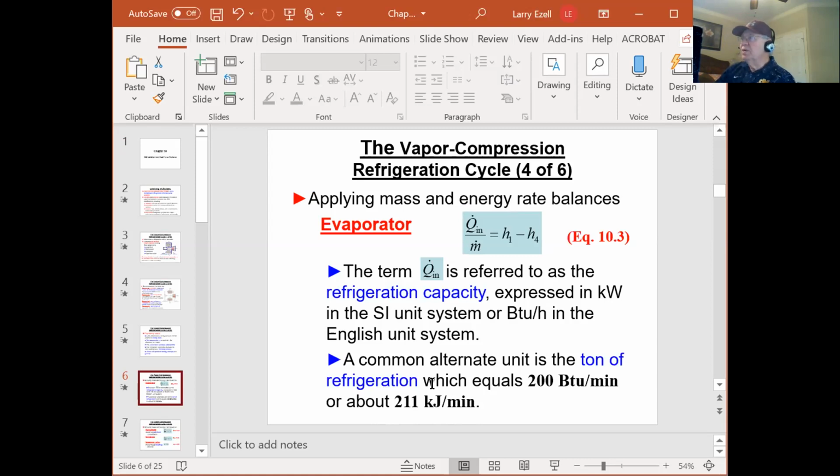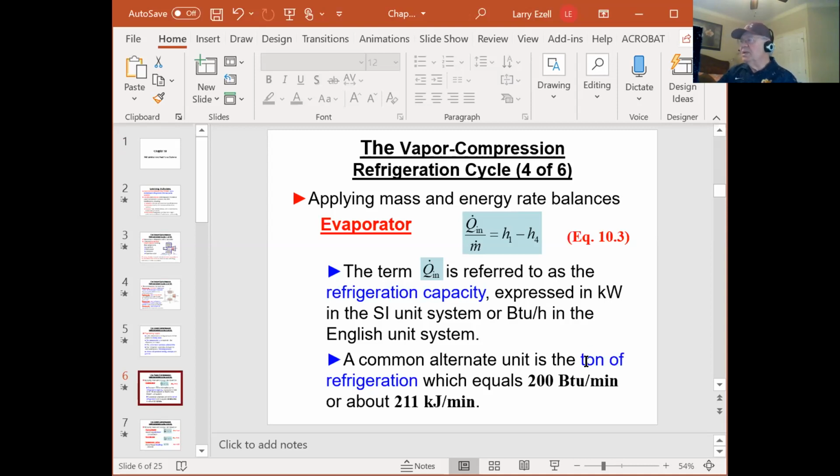Now, if any of you had an HVAC man come out and look at your unit or talk about your unit, he's going to probably tell you that you've got a 2-ton unit, 3-ton unit, or a 4-ton unit. That's the cooling capacity. My home has 2 air conditioning units. It has a 4-ton unit for the main floor, and that's 48,000 BTUs per hour, or 4 times 200, or 800 BTUs per minute.